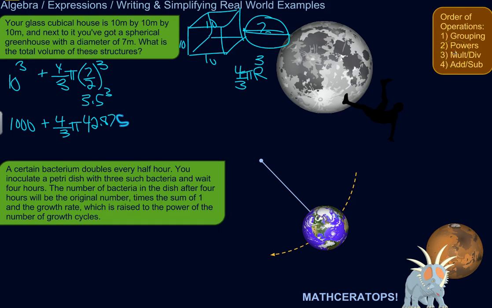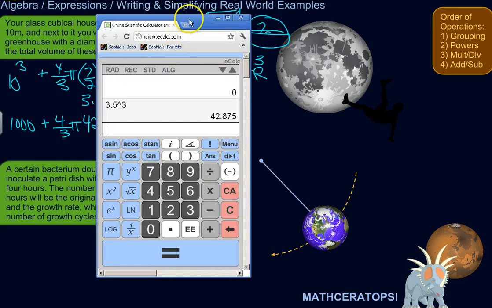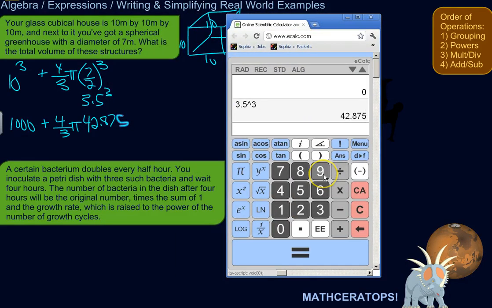Now do we have any multiplication or division? Yeah, all three of these numbers are being multiplied together: 4/3 times pi times 42.875. So let's go ahead and just multiply those, times pi, and then times 4/3.